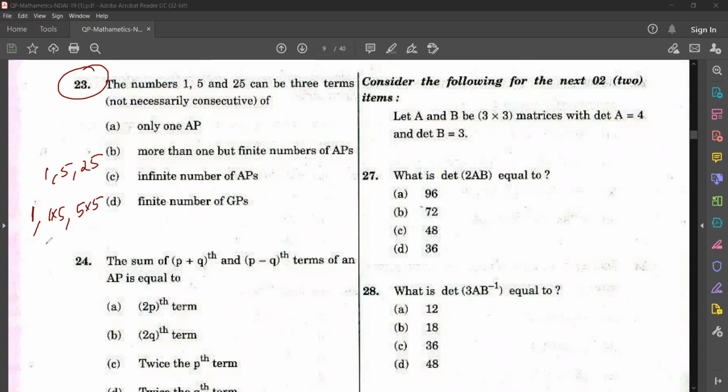So we have a common ratio, multiplied by 5 each time. If we have a common ratio, it is a geometric progression, GP. So the answer is option D, finite number of GPs. Geometric progression. Very easy question.